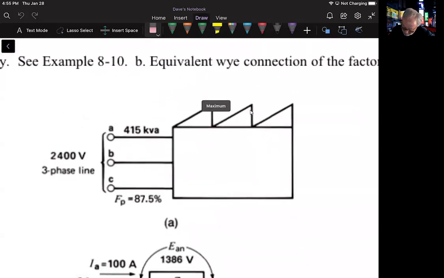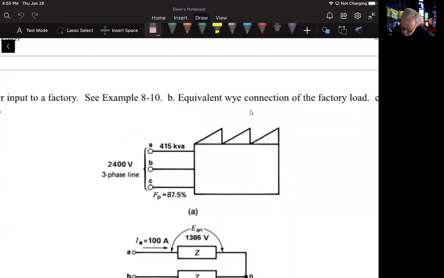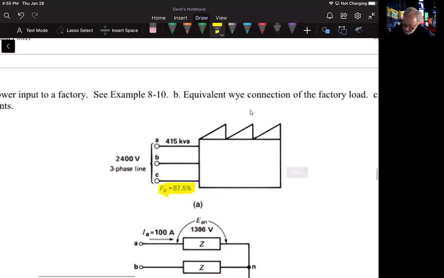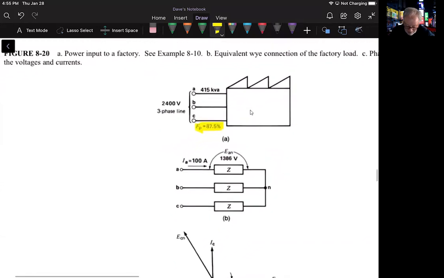We're also given with this problem the power factor here. So a lot of information going into this particular problem. We don't know how it's connected, so we are going to assume a Y connection.